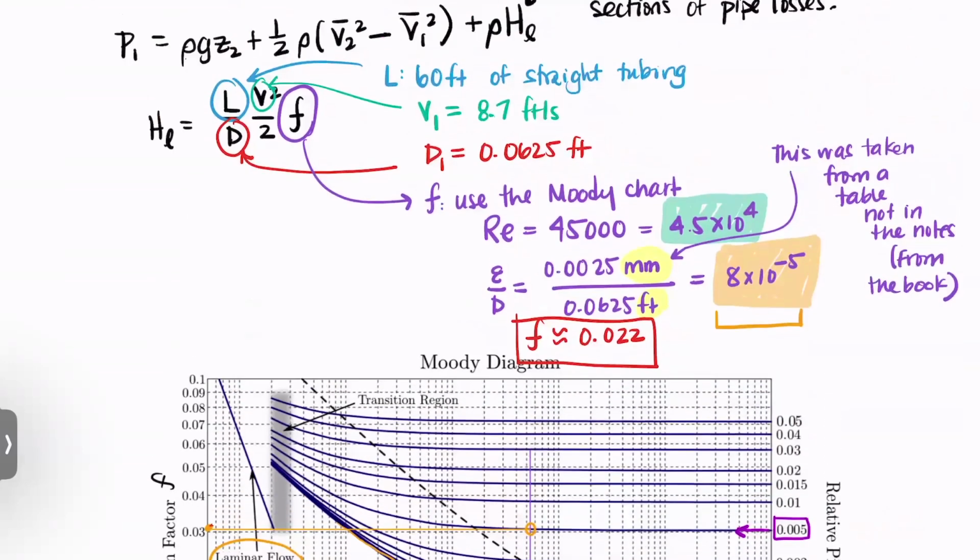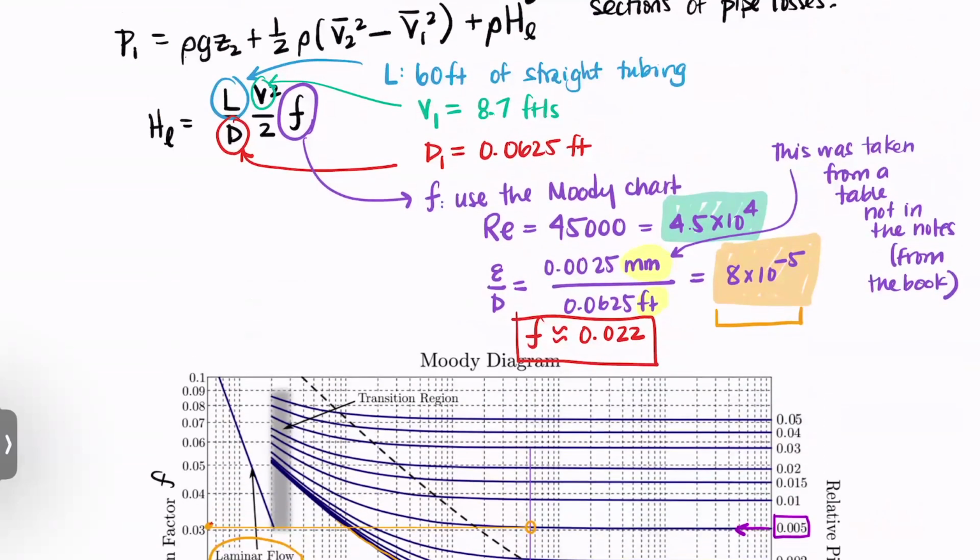Okay, so now we have our friction factor and we can calculate this HL. So we have 60 feet divided by 0.0625 feet times our velocity at 1, so 8.7 feet per second, that whole quantity squared, divided by 2 times our friction factor of 0.022.